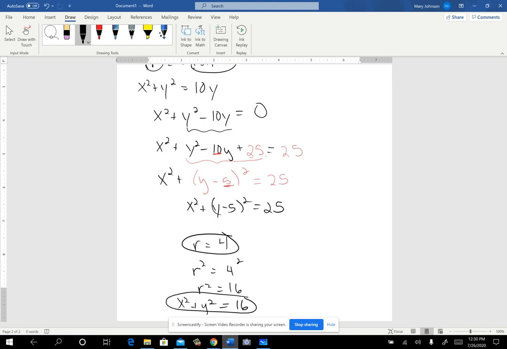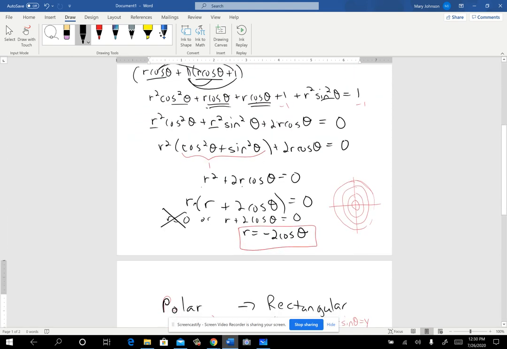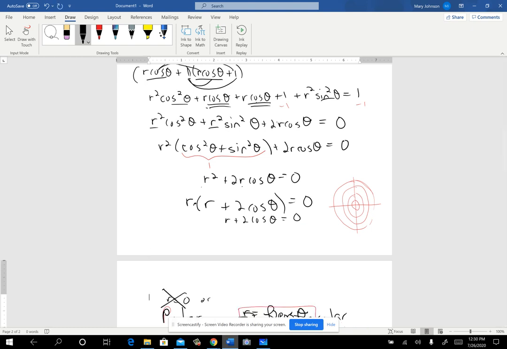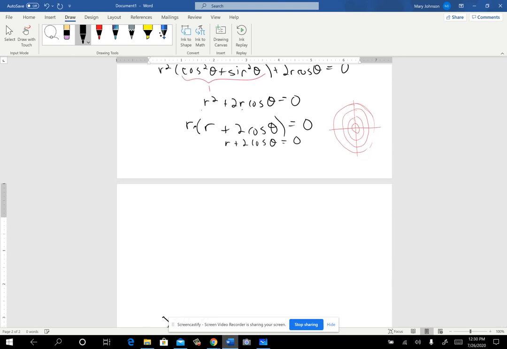All right, let me back up and maybe do one more that goes from rectangular to polar. Okay, so I want to go from rectangular to polar. Let me do one that starts out linear because they're a little harder.